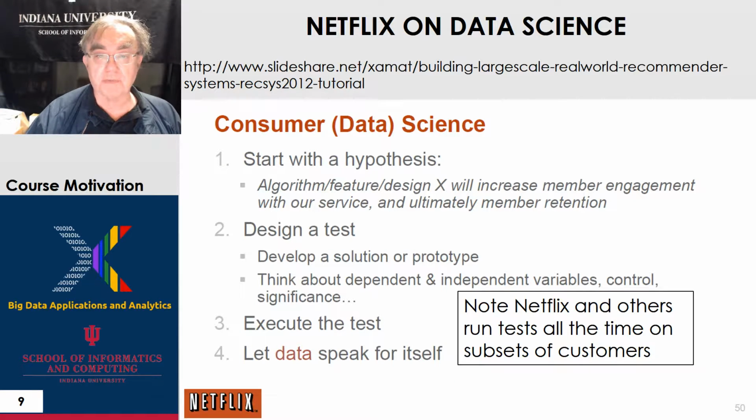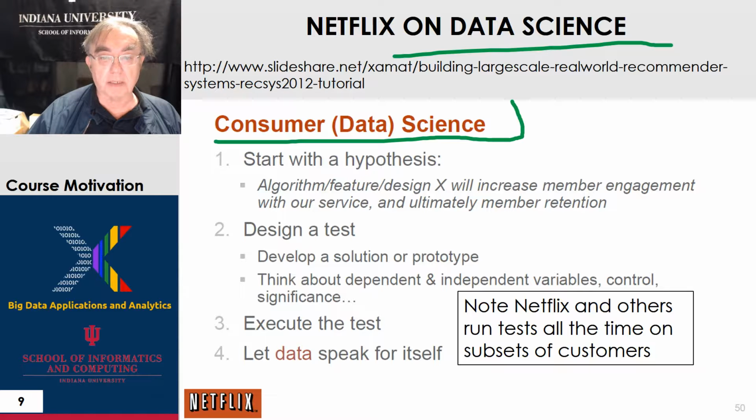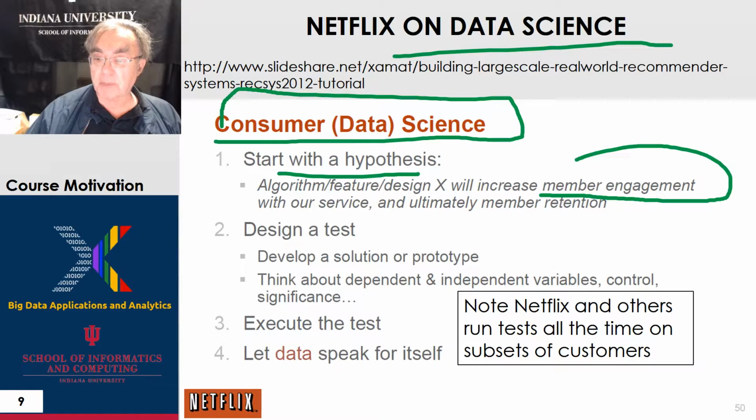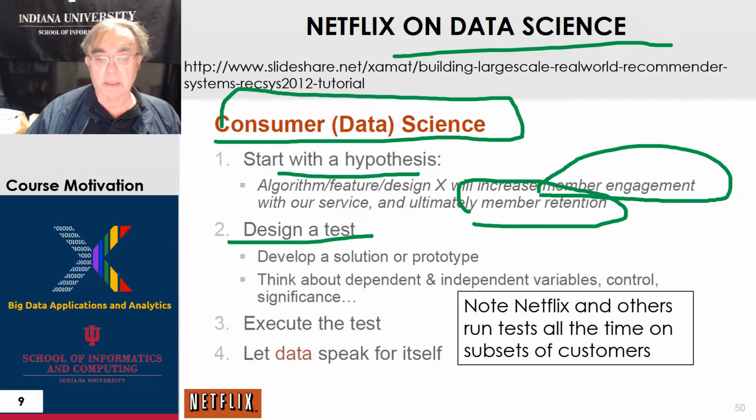And notice that Netflix says that data science is important, and they actually say their part of data science is consumer data science. They start with a hypothesis that a certain approach, a new algorithm for doing ranking, or a new feature of the user interface will increase what they're trying to maximize, member engagement and member retention. Then they design a test, and they test it.